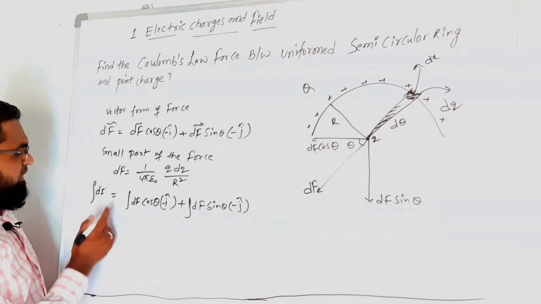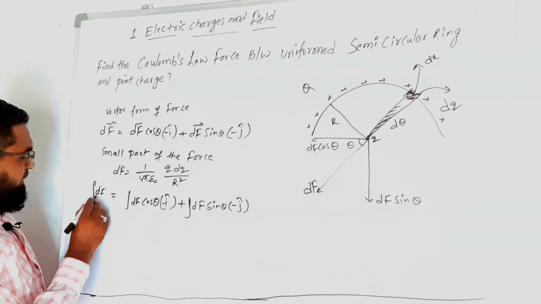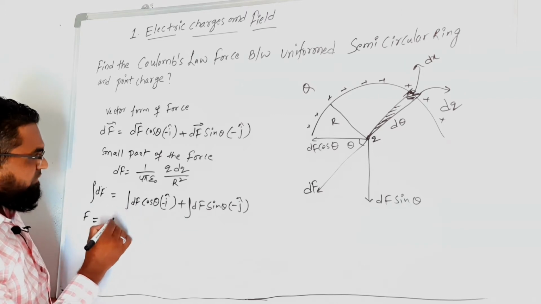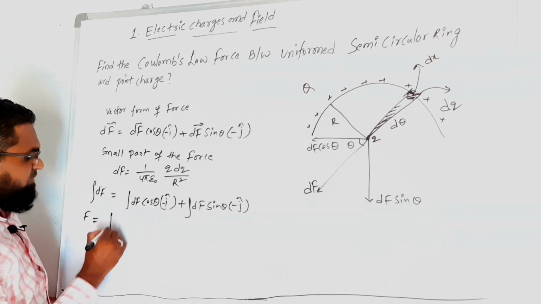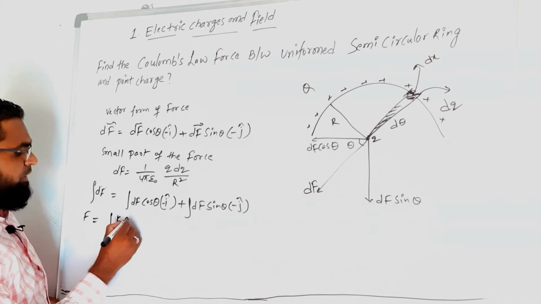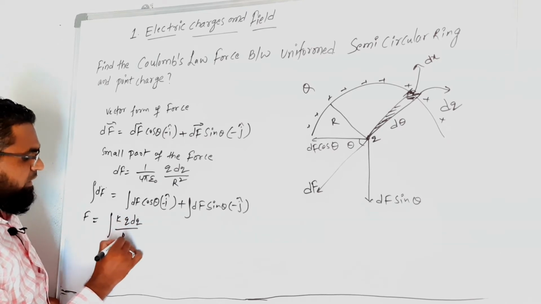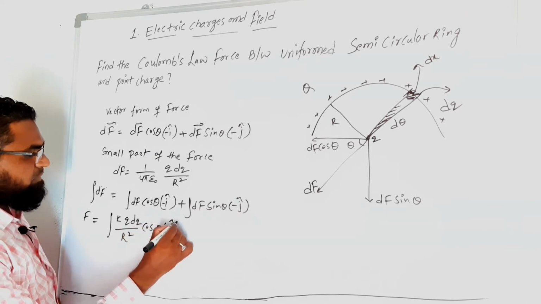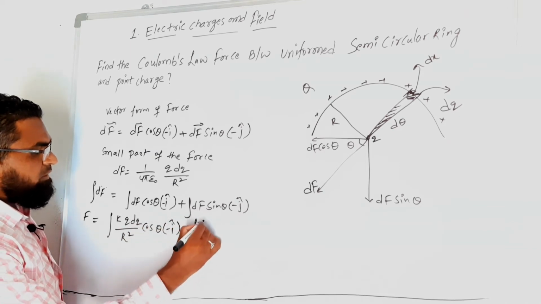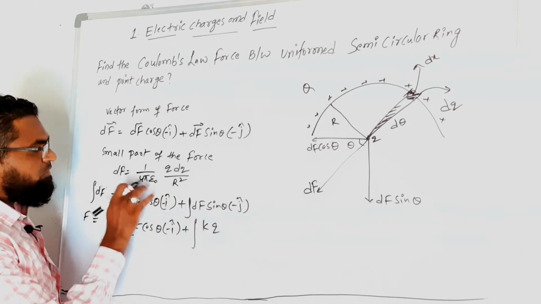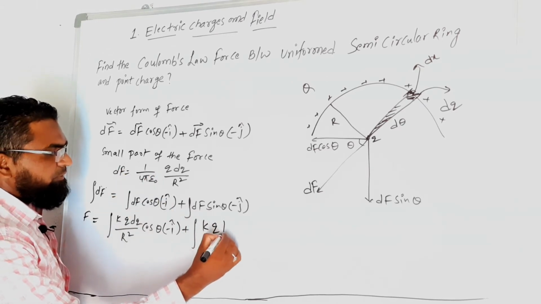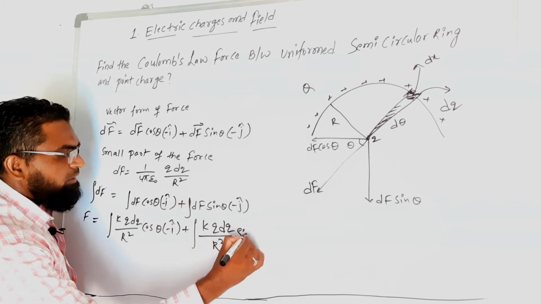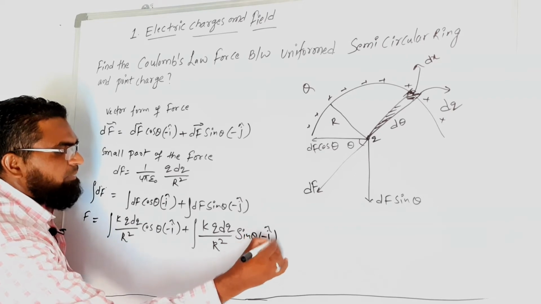Further, the integration of df is f. Simplifying, I am writing k into q into dq by r square cos theta minus i cap. The second thing is integration k into q into dq by r square sin theta minus j cap.